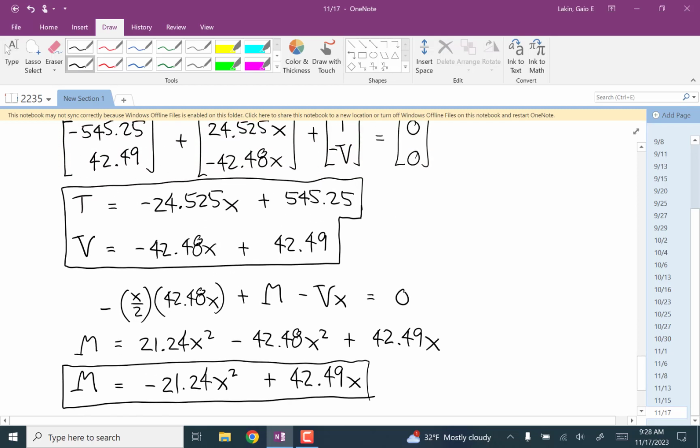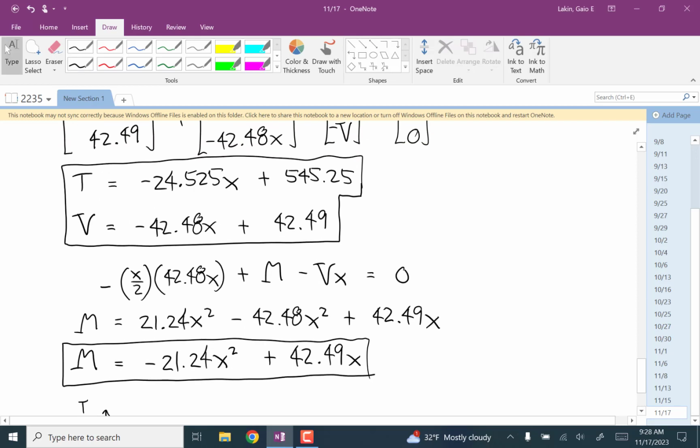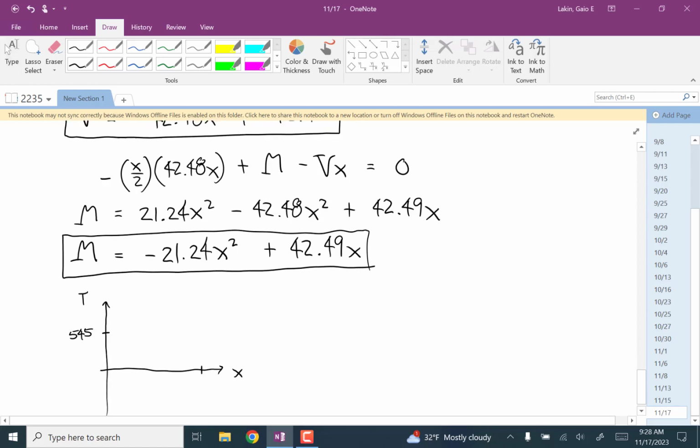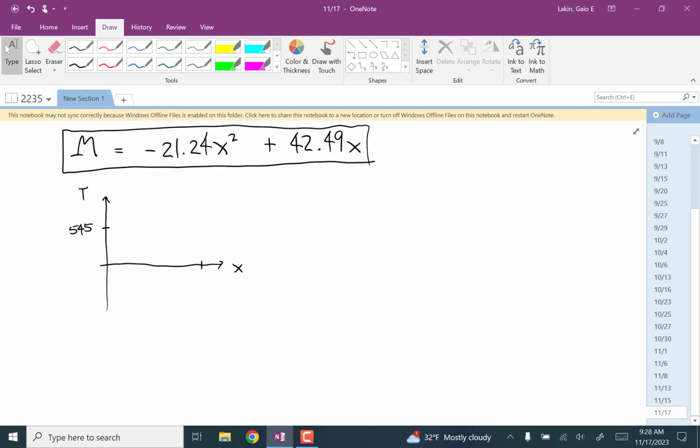At x equals 2, we're at about 500. 545.25 minus, so 496.2.